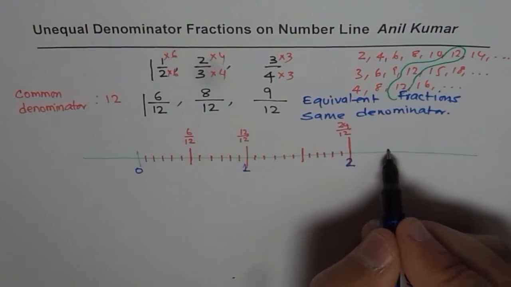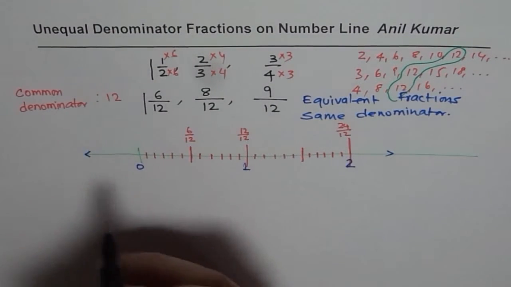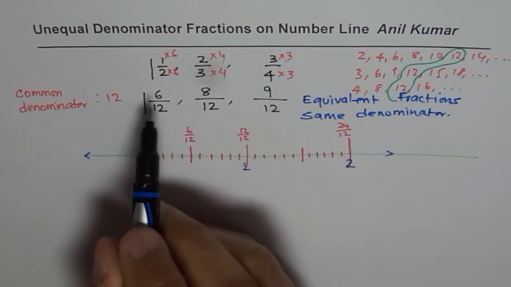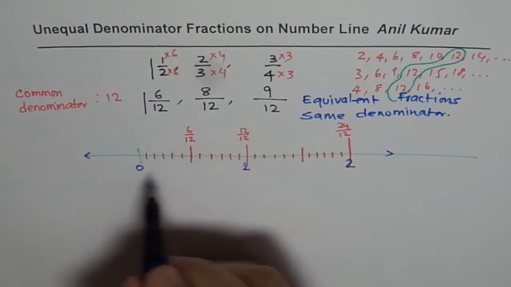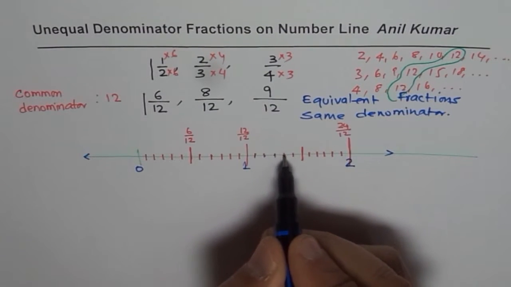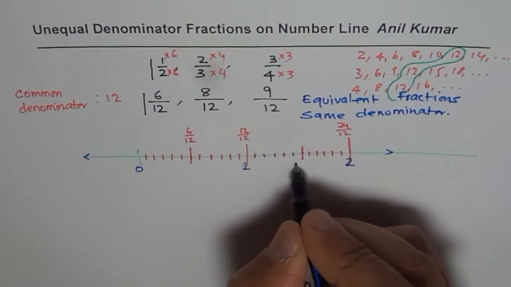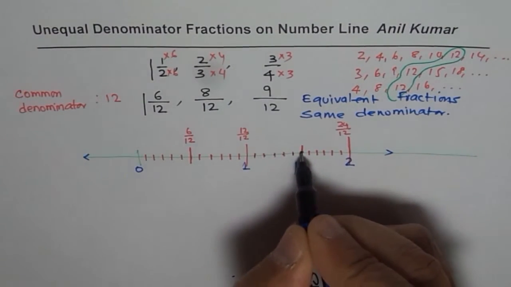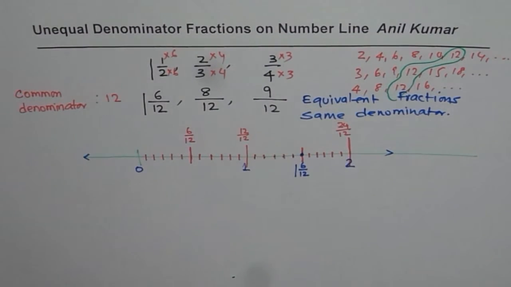The number line extends on both sides, but each mark is 1/12. Now it is simpler. 18 over 12 means 1 whole and then the sixth portion. 1, 2, 3, 4, 5, 6. So that becomes 18 out of 12. Do you see how we got this point? This point on the number line represents 18 out of 12.